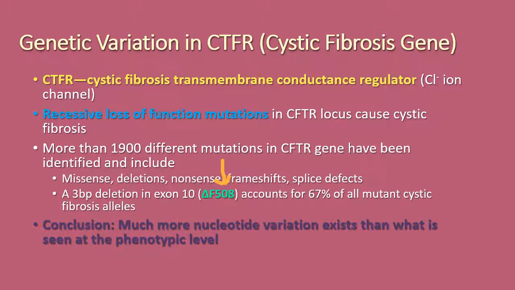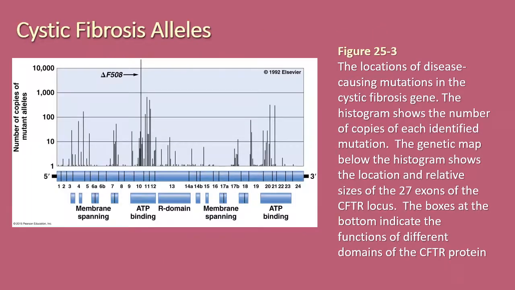The take-home message here is that there's a lot more nucleotide variation that exists than what you see at the phenotypic level. And this is a diagram that's in your book that shows each line here is a different mutation, and down here at the bottom it shows what region of the protein, because the protein has a lot of functions. It inserts itself in the membrane, so there are certain regions that are membrane spanning. ATP has to bind to it, since it's an active transporter, so it requires energy.